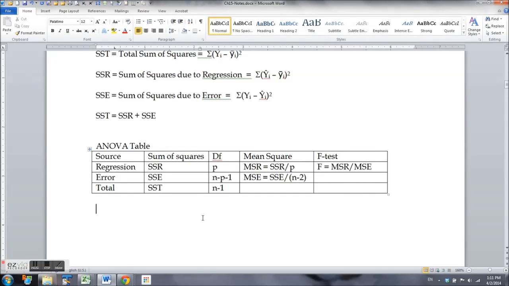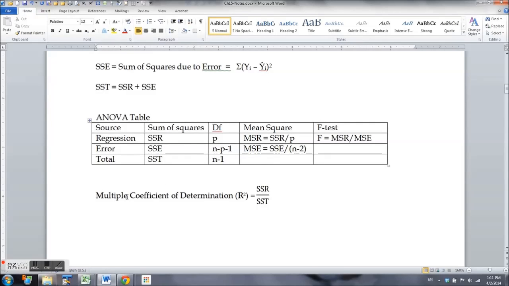Once you set up the ANOVA table, we can find the ratio between SSR and SST, and that is our coefficient of determination. We call this the multiple coefficient of determination because this is for a multiple regression.